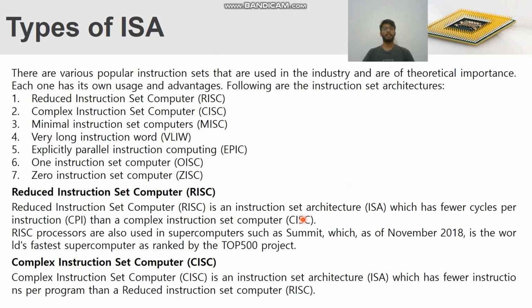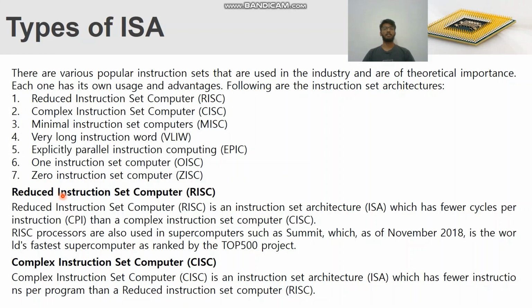Moving on to the next slide, here I have listed various popular instruction sets that are used in the industry. Each one has its own uses and advantages. The most popular instruction set architectures used in the industry are the reduced instruction set computer, RISC, architecture and the complex instruction set computer, CISC, architecture.